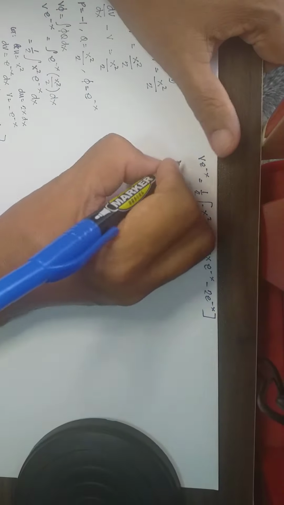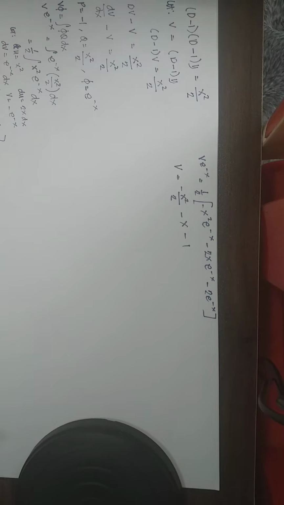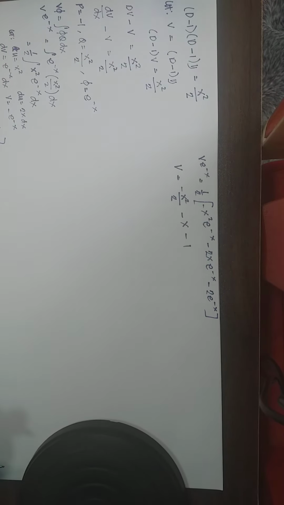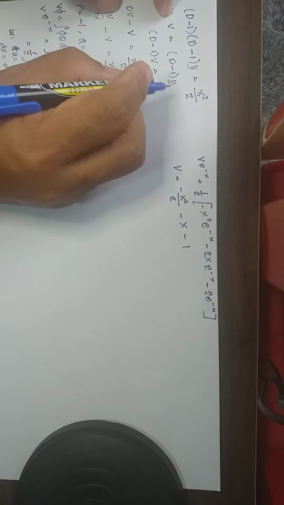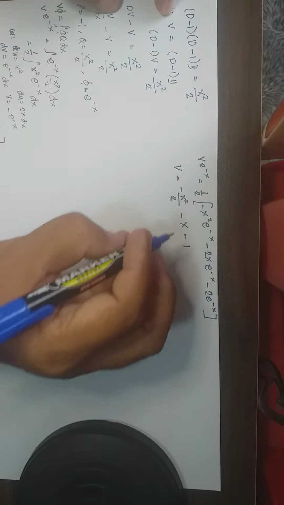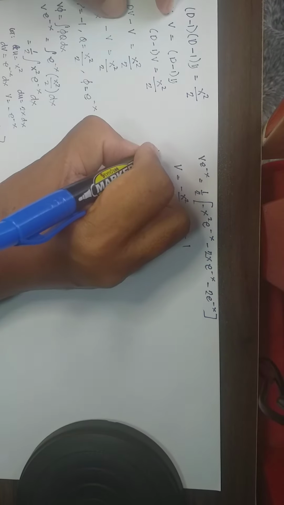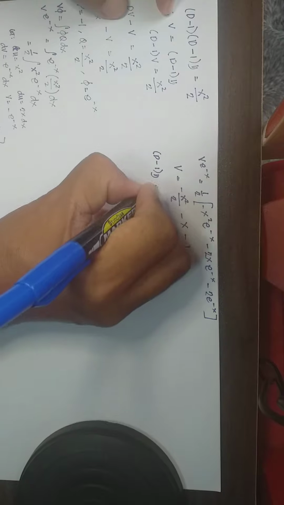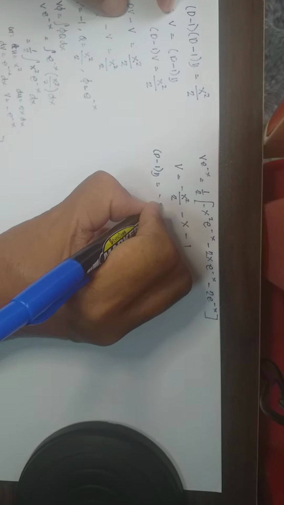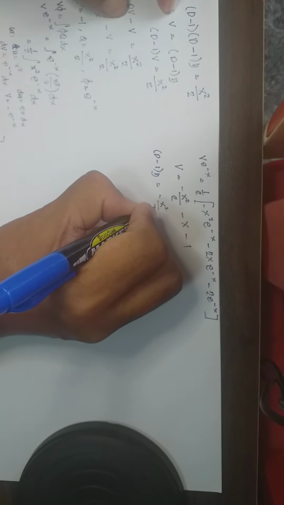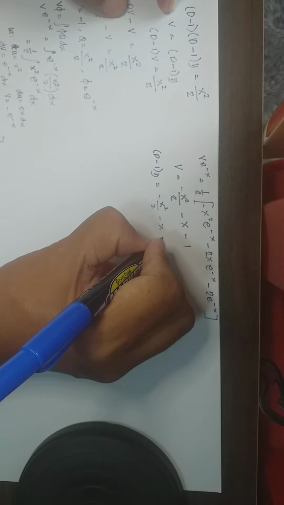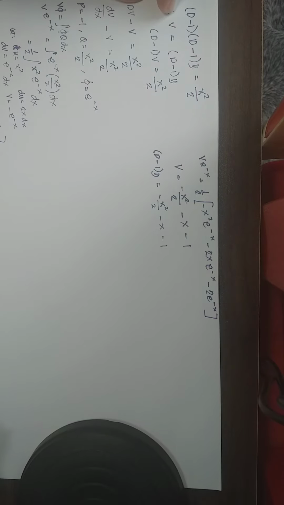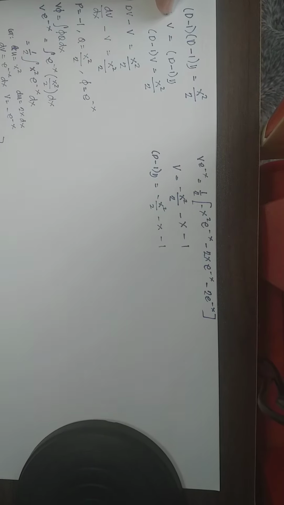Okay? That is equal to v. But what is v? v is d minus 1y. So replacing v with d minus 1y, that is equal to negative x squared over 2 minus x minus 1. Okay?